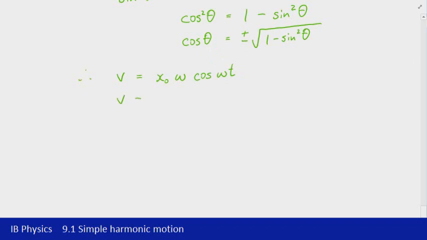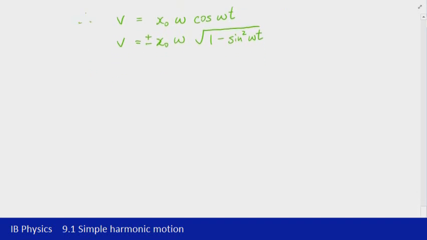So v is then going to be equal to x naught omega multiplied by the square root of 1 minus sine squared omega t. Now notice that I haven't put this plus or minus in yet. That's because I'm going to put it right at the front here. So we've got those two possible answers, the positive and the negative answer.